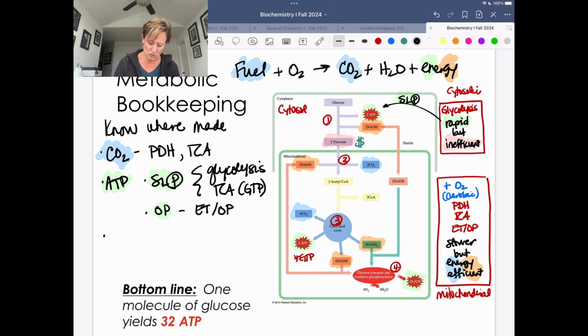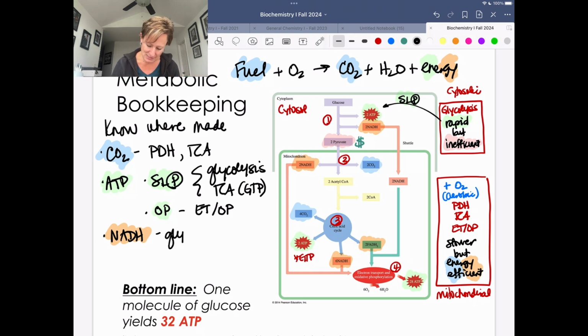When we think about those alternative currencies, we want to think about NADH, okay? So again, one of the alternative currencies here is NADH. We need to know that that is made in glycolysis, pyruvate dehydrogenase, and the citric acid cycle. We make that all over the place.